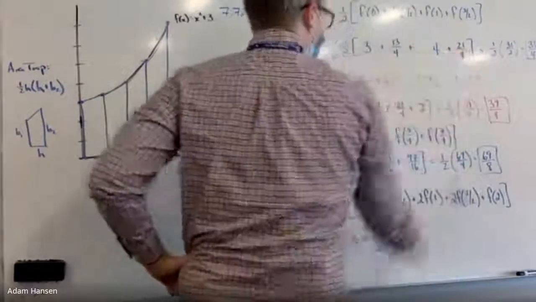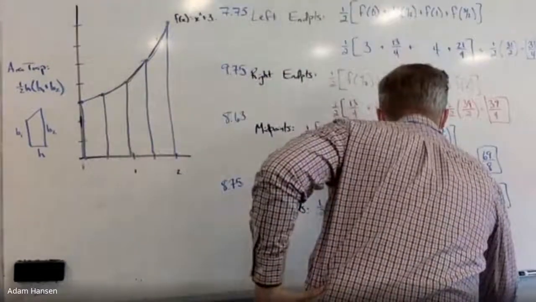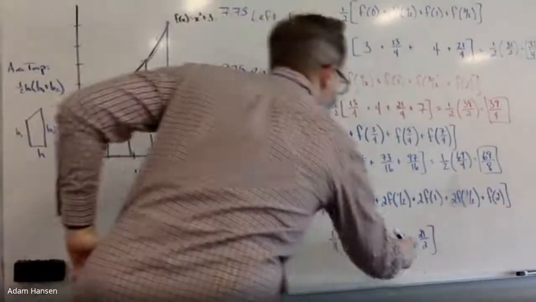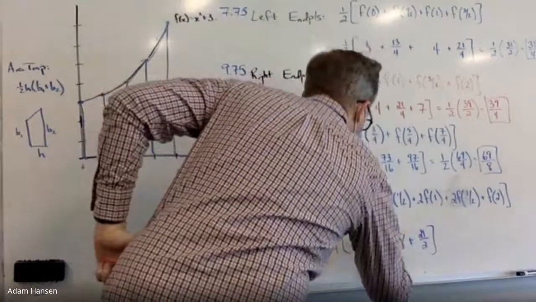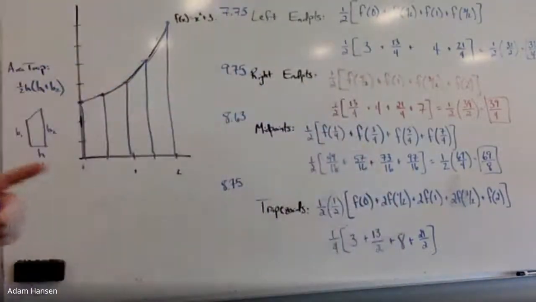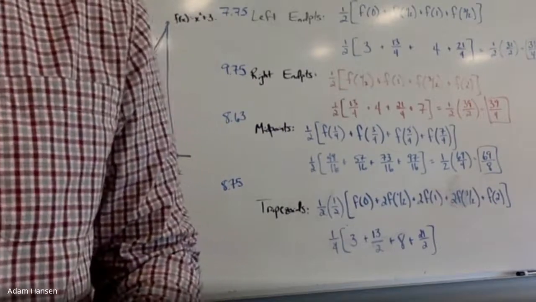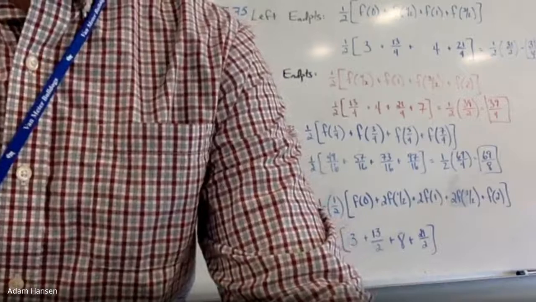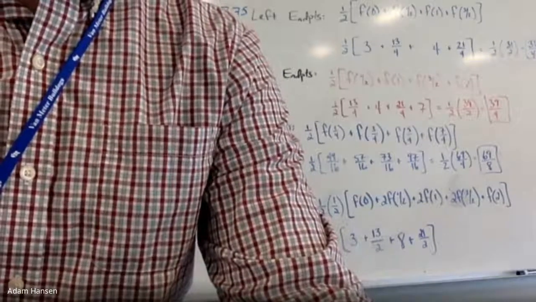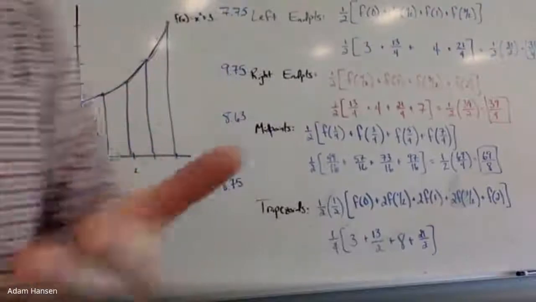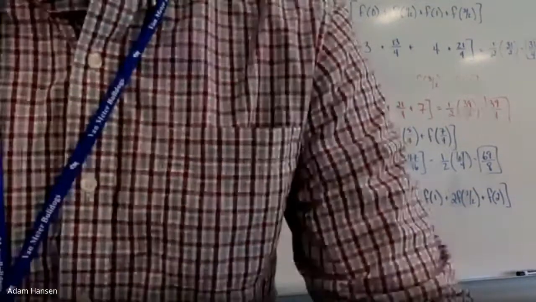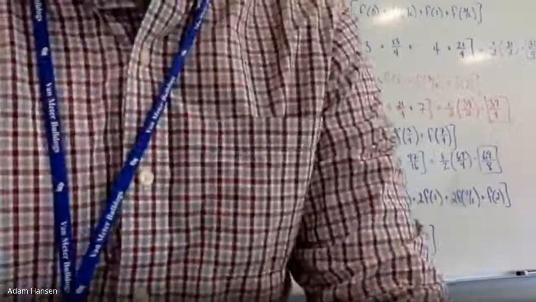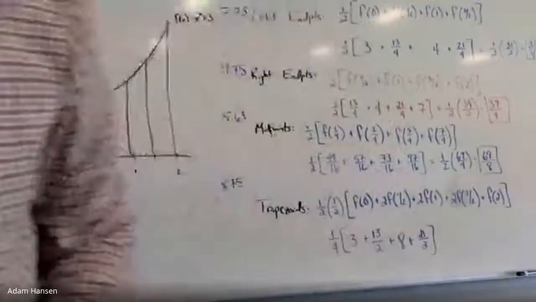Plus 2 times 21/4, which is 21 halves. Three plus 13 halves plus 8 and 21 halves is 28.